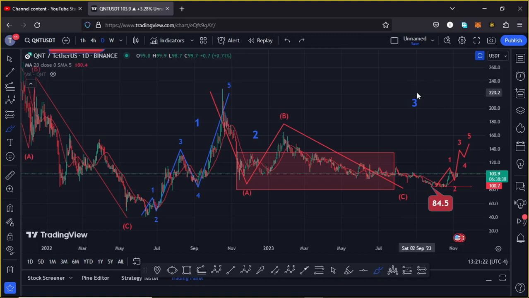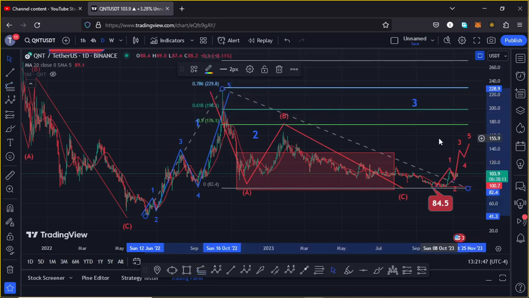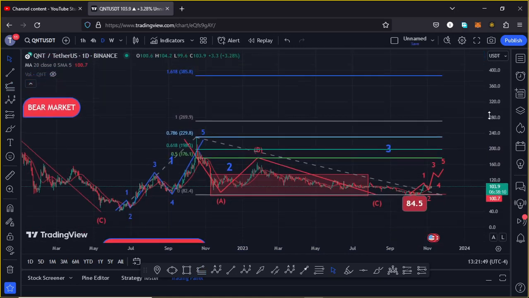QNT is now ready for an impulsive move in the formation of this wave 3, which I'm expecting to play out in the next coming weeks or maybe months, having the minimum target areas for the third wave being given by connecting the trend-based Fibonacci from the low of the first wave to the high of that wave 1, then dragging the fibs to the low of the second wave, giving me a minimum target area at the Fib level 1.618, and that is above the $385.8 mark, which is the minimum that we can expect that wave 3 to the upper side to do.